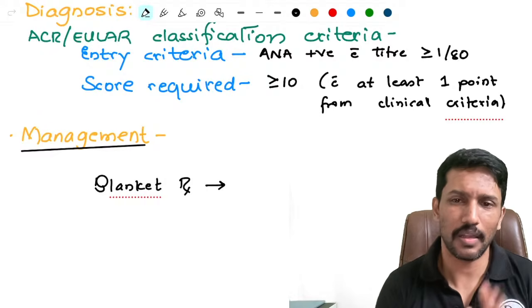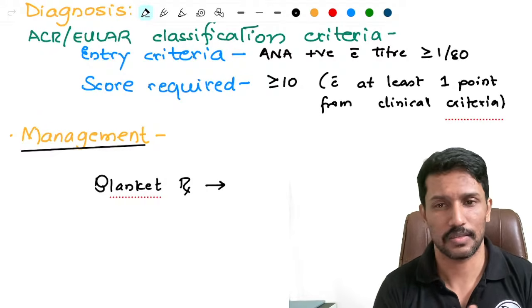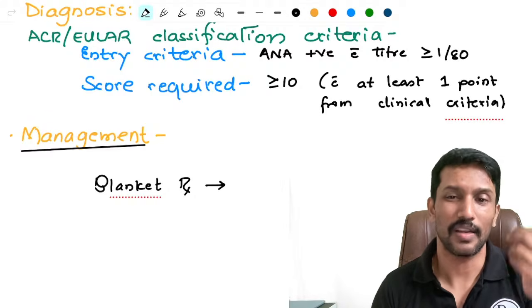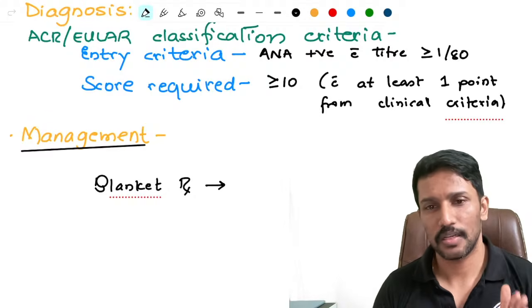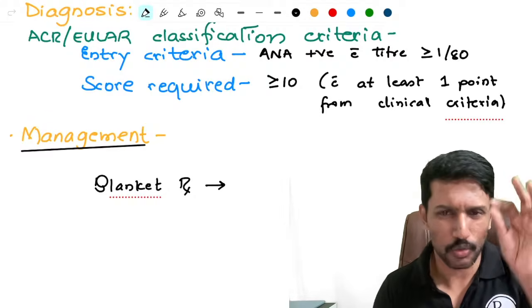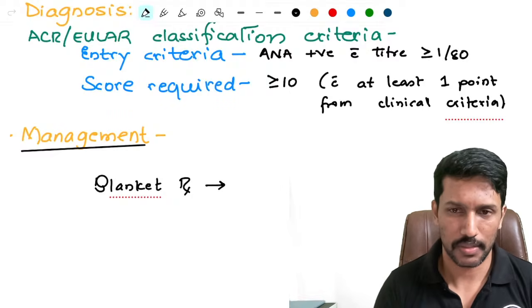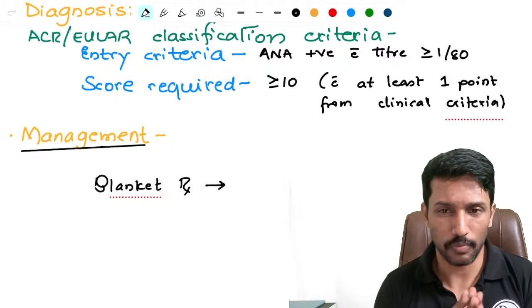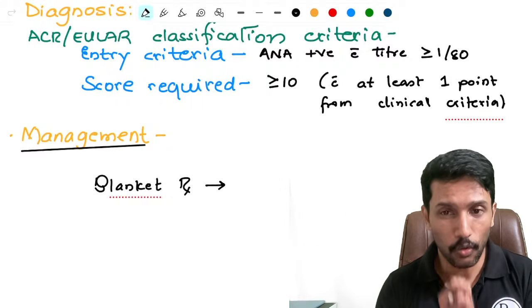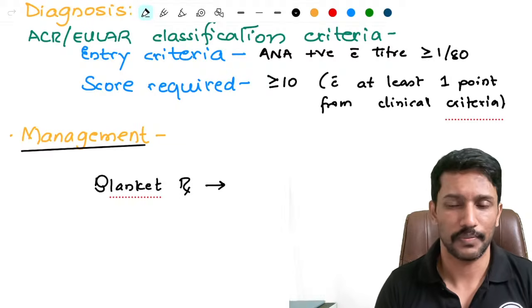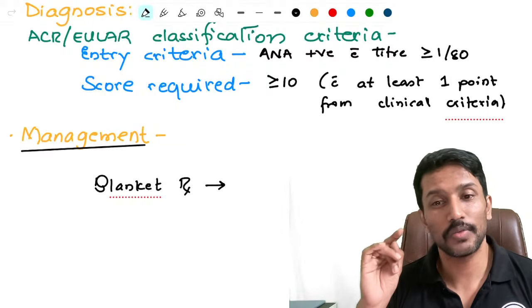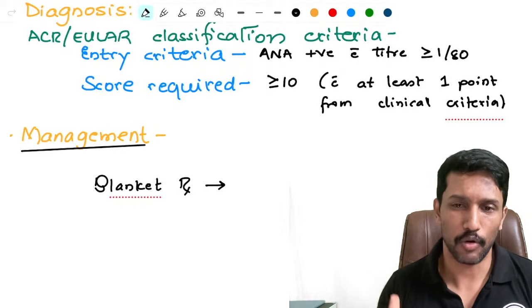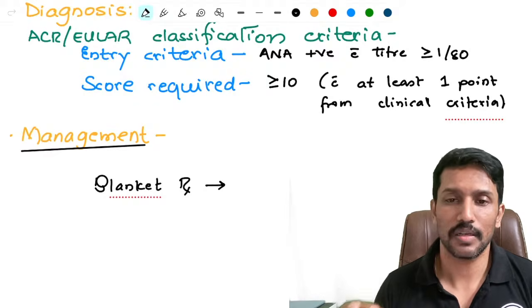And in the clinical criteria, all these manifestations that we discussed, skin, musculoskeletal, constitutional, fever, are listed, and there are points or score given for these clinical manifestations. And I need at least 10 points from this to classify the case as SLE. And out of that 10, at least one should come from clinical. If all the 10 score comes from the laboratory test, like antibody panel, that won't be considered as SLE.